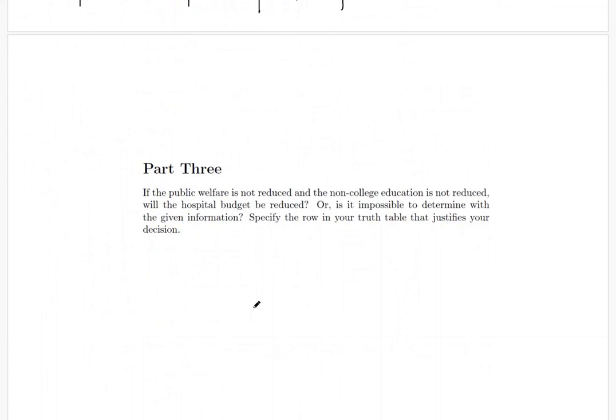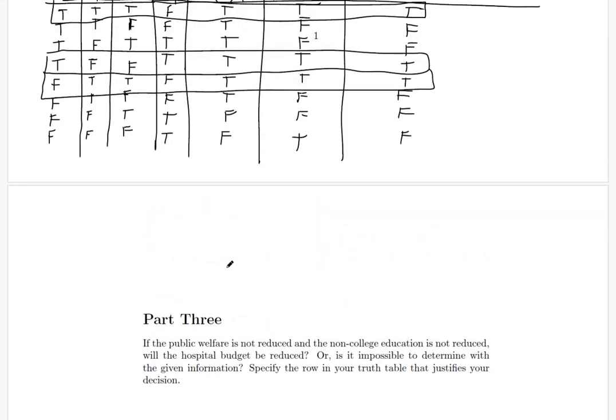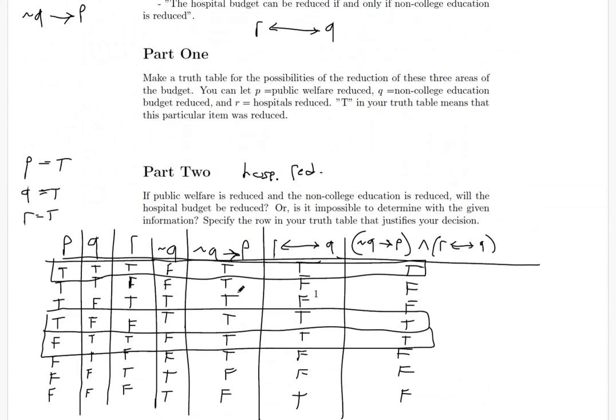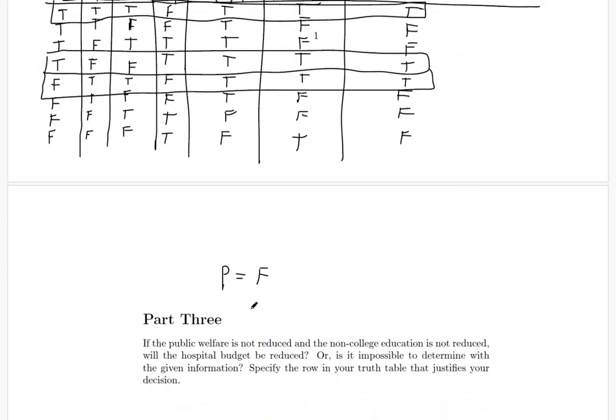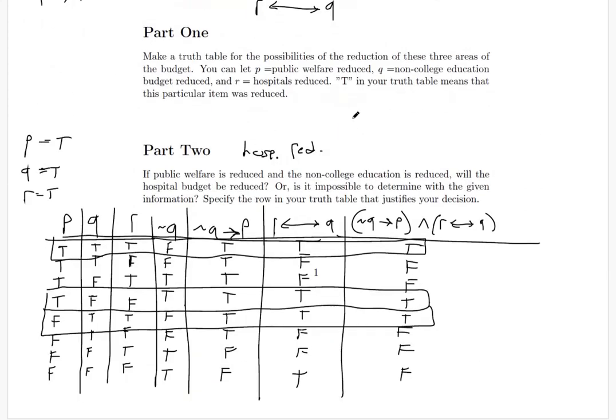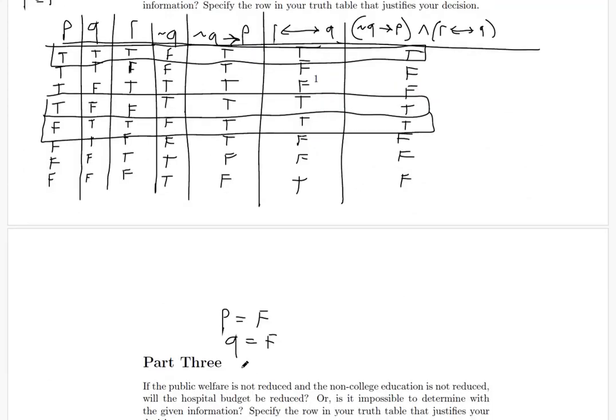Then for part three, you can pause if you haven't read through this because this is my made-up example. It's similar. Public welfare is not reduced, so public welfare was P, so that means P is false. And non-college education is not reduced. So non-college education was Q, and to be not reduced, that's false. We said at the beginning, true is going to represent reduced. So there's two places in the table where P is false and where Q is false. These two rows right here, right?